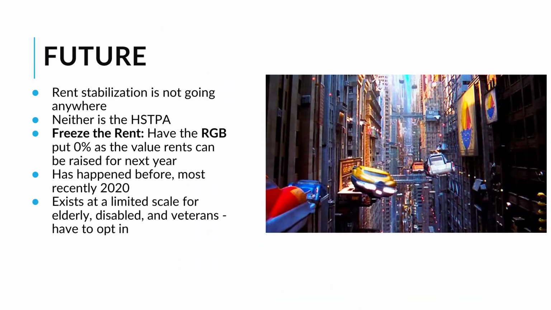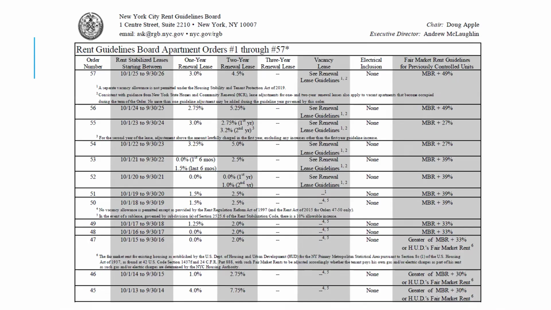And it has happened before, during COVID, and in 2016, 2017 under Bill de Blasio. And to some extent, it also already exists for elderly and disabled veterans, but they have to opt in for freezing the rent. And it comes in the form of a tax credit rather than an actual reduction in the rent that they're paying.